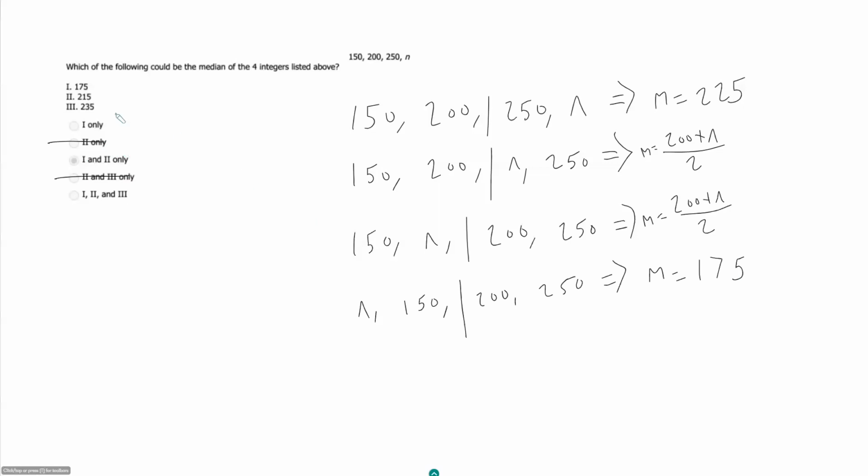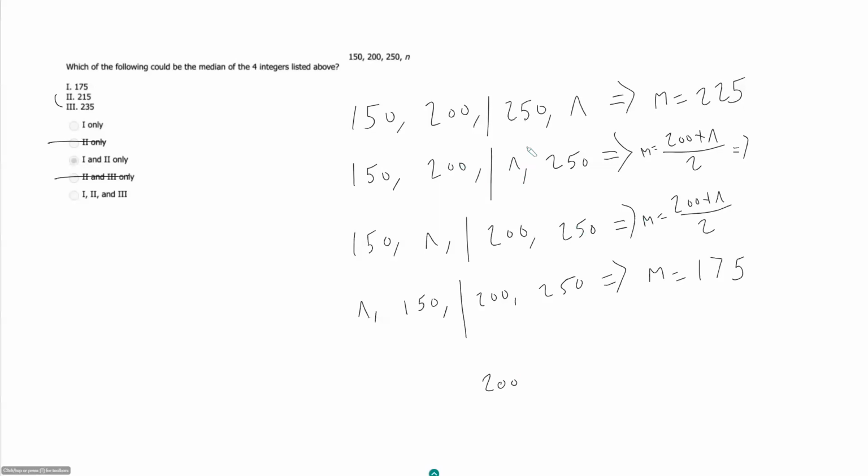So now the question becomes, what about these two guys? Just because we didn't get those values doesn't mean they're not possible. We've got to check if they're possible. So in this first case, n has got to be between 200 and 250, and we want a median equal to 215.